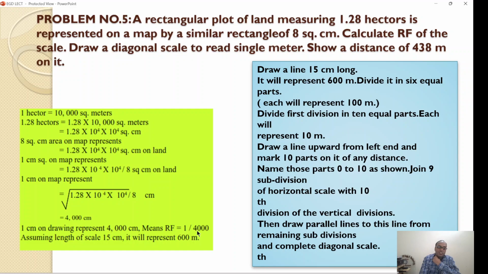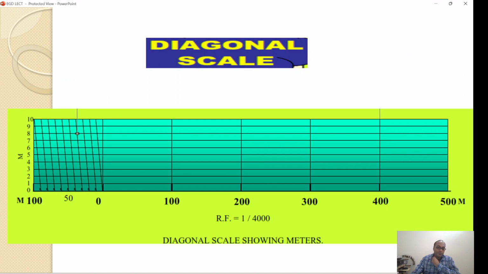After that you can multiply it with the maximum distance, you will get the length of the scale, and after that the procedure is similar. You have to draw the given line length and divide it into an equal number of parts. Again you can see that this is 0, this is 1, 2, 10, 20, 30, 40, 50, 60, 100.